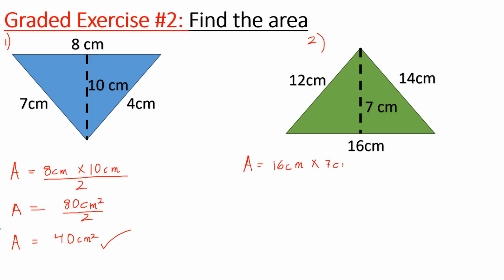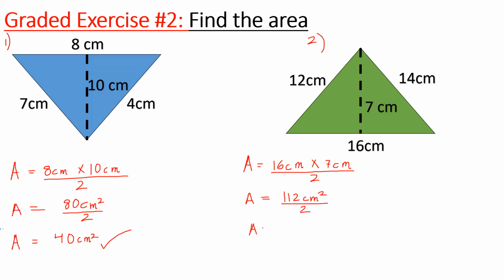So that's 112 centimeters squared when you multiply them together. The area is going to be 16 times 7, which gives you 112, divided by 2. When you divide 112 by 2, you get 56 centimeters squared.